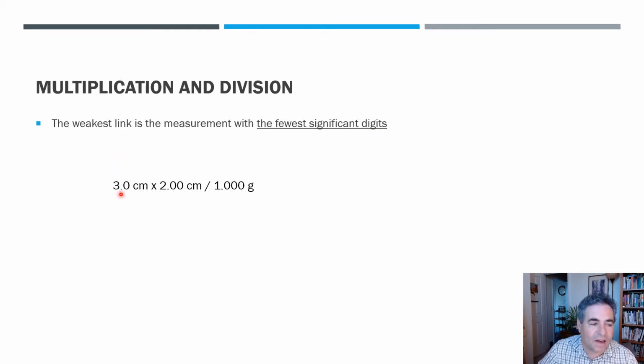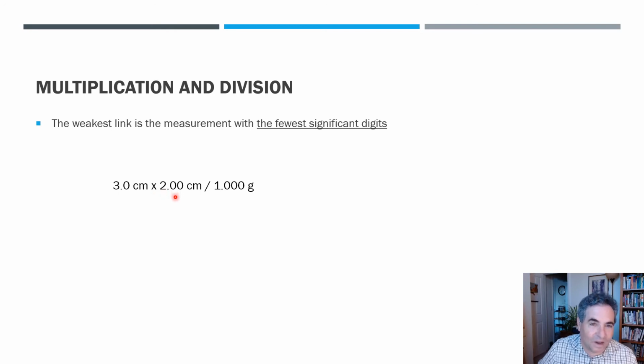How many do we have in this? Suppose we want to do this operation. We want to figure out how many significant figures the final result is going to have. It's 3.0 centimeters times 2.00 centimeters divided by 1.000 grams. All right, so this has how many significant digits? 2, right?